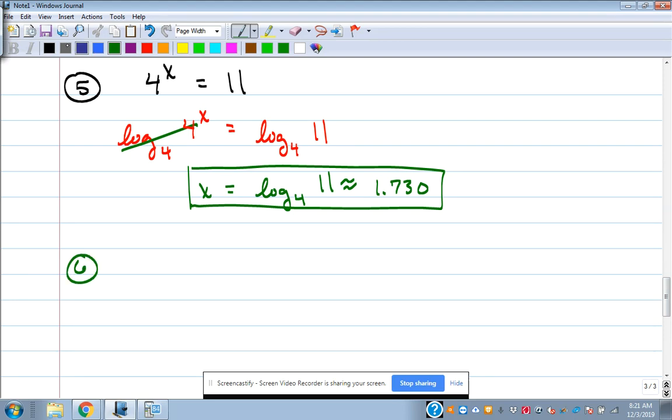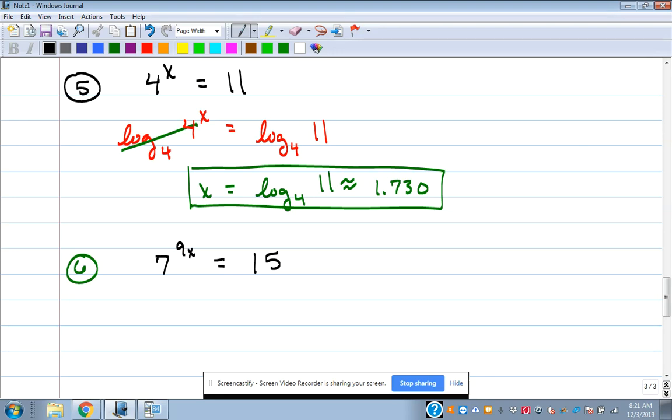Another. 7 to the 9x is equal to 15. Is there a relationship between a base of a 7 and a 15 that we could use to do exponential stuff with?